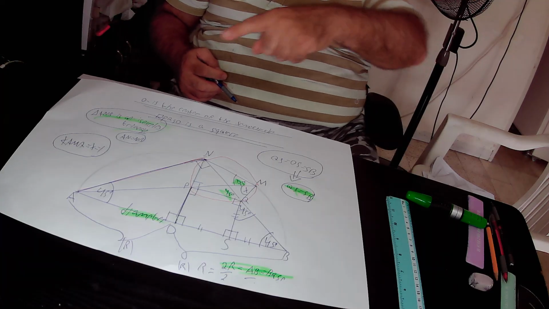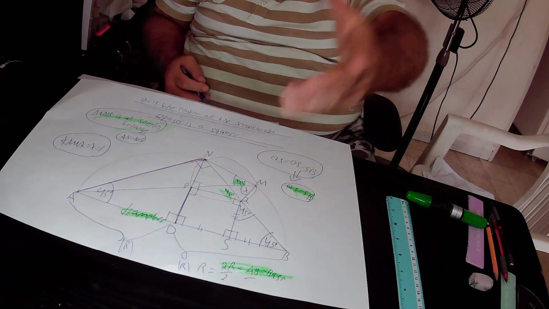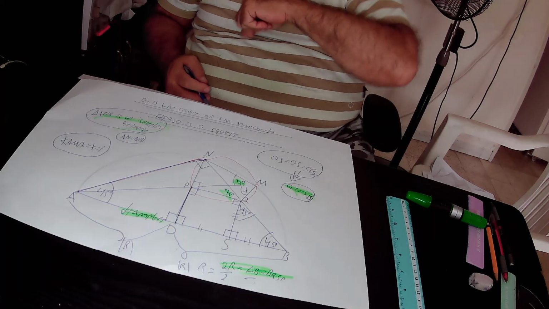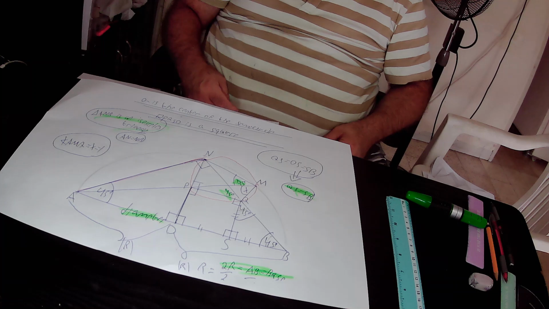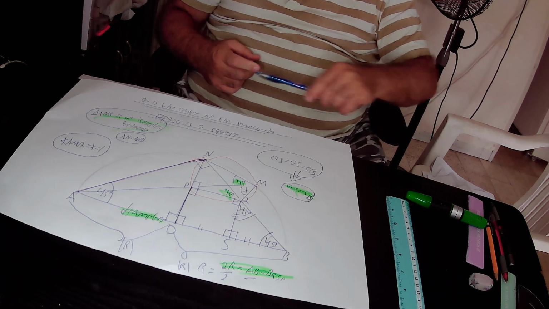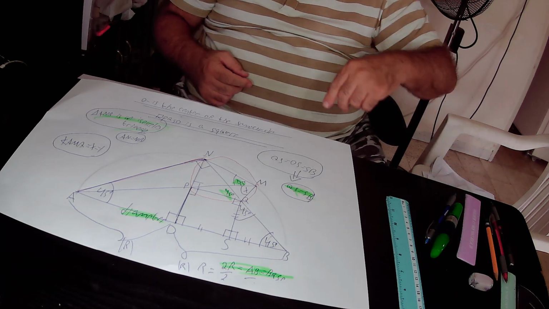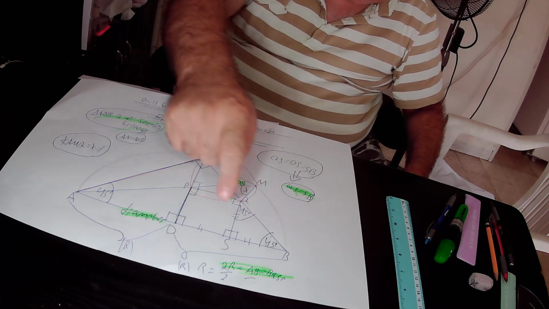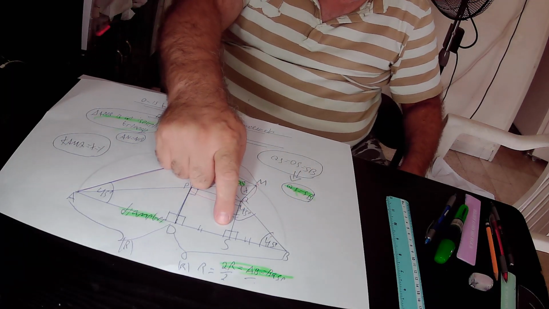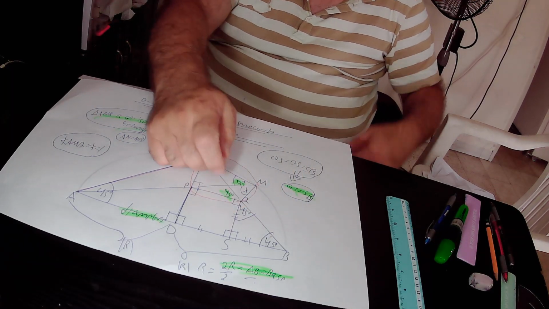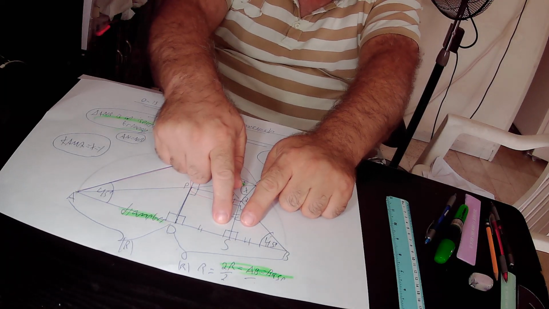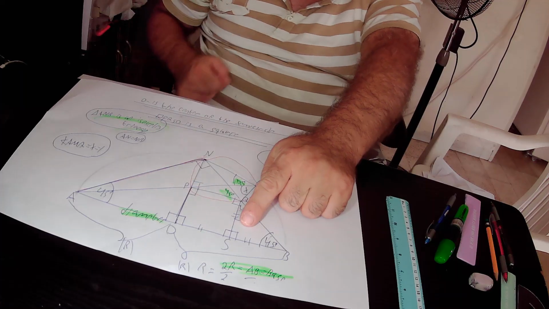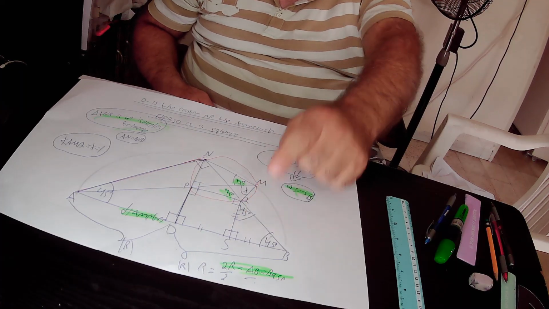So if you focus on the upper side of the straight line AB at point S, here the sum of the angles must be equal to 180 degrees according to rule 3. Rule 3 says that the sum of the angles on one side of a straight line is equal to 180 degrees. So which angles do we have at the upper side of the straight line AB at point S? We have this angle that is the right angle, plus this missing angle. In total, the sum of those two angles must be equal to 180 degrees according to rule 3. Therefore, this missing angle must be equal to 90 degrees in its size.